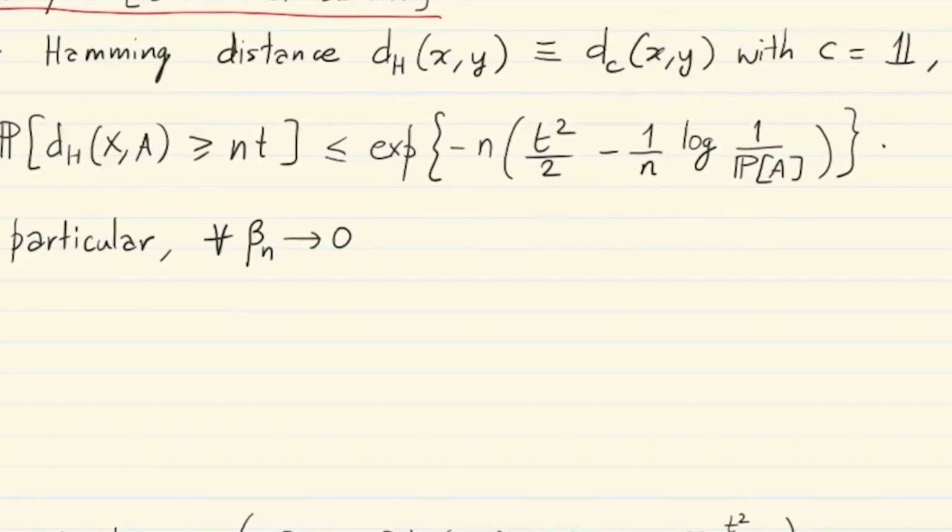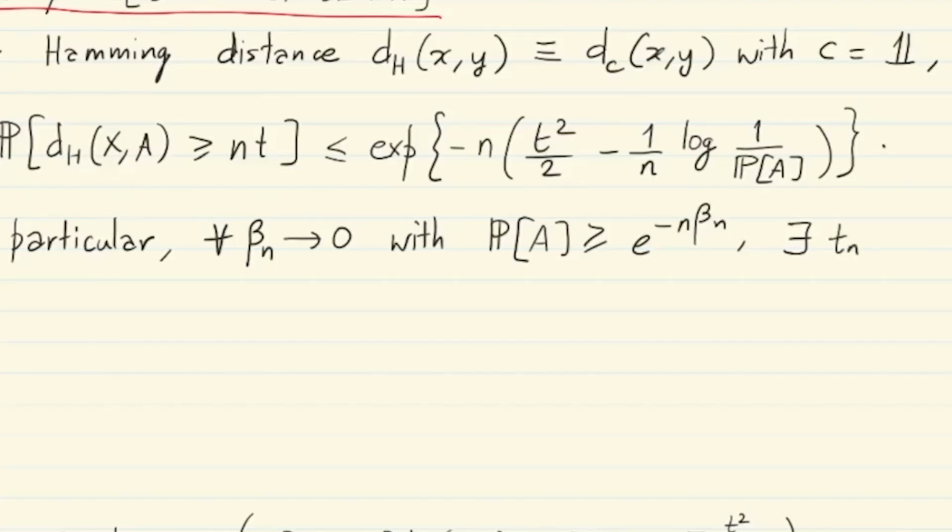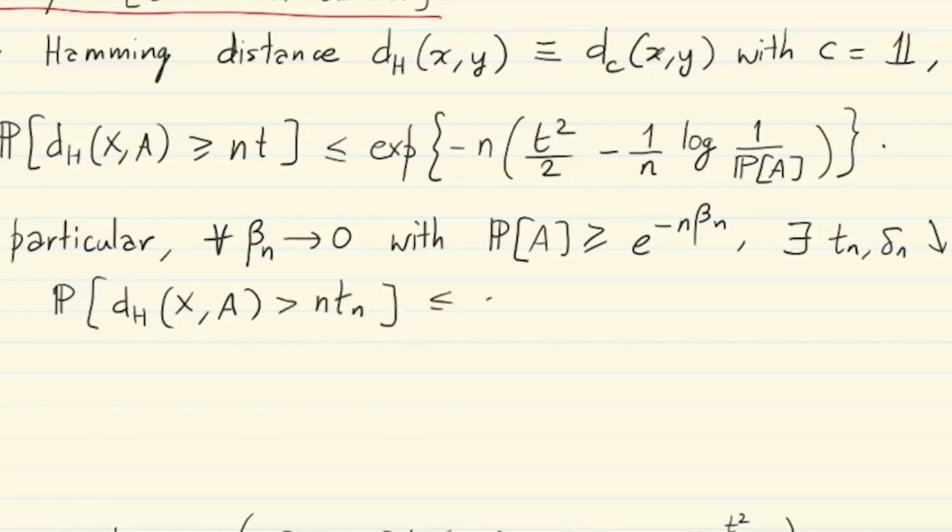Sorry, so I should probably be careful. Supposing that beta n is a sequence going to 0, if there is a set A for which the probability of A is at least e raised to minus n times beta n, with beta n going to 0, then you can also find sequences Tn and delta n going to 0, such that the probability that dH, the Hamming distance of x from A, exceeds n Tn is at most delta n.